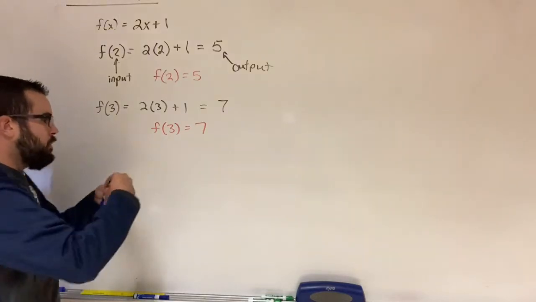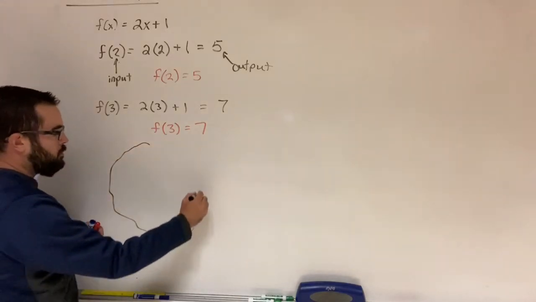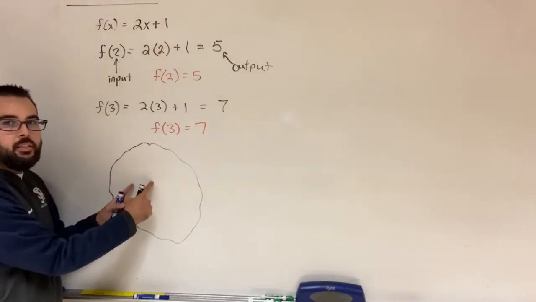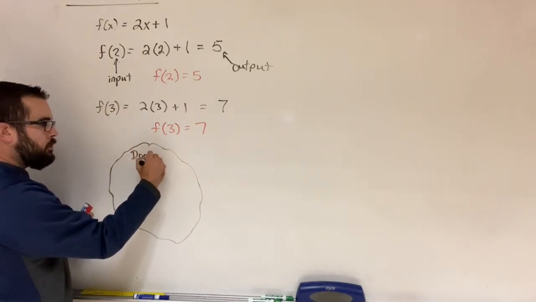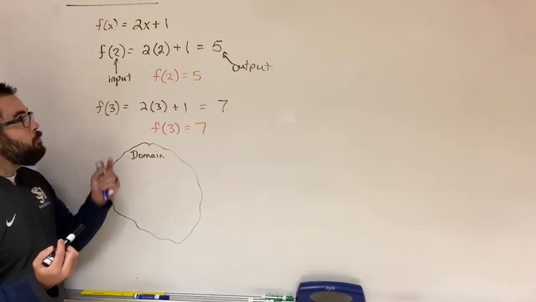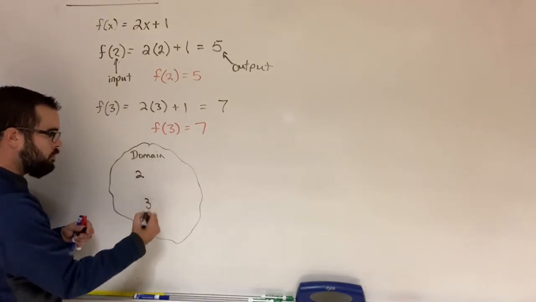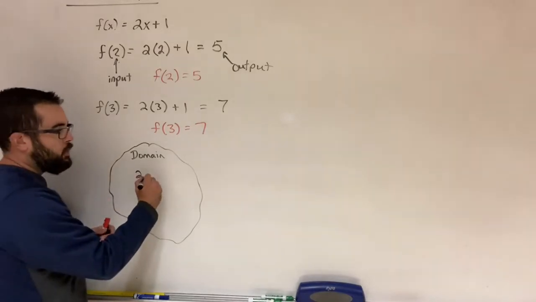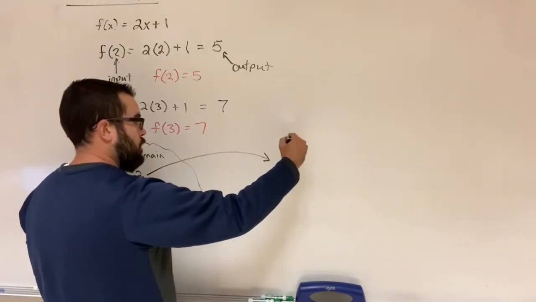So let's think of it in sort of this way. Let's say we have this thing, and this represents the collection of all the inputs that we can throw into this function. What do we call that? That's our domain. Okay, so what are two things that for sure lie in our domain? Well, we've shown you 2 and 3 lie in our domain. So 2 and 3. And what does the function do with those numbers? The function takes those numbers and maps them or pairs them with the output.